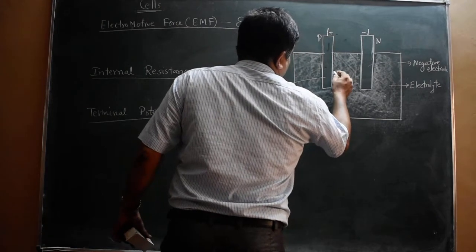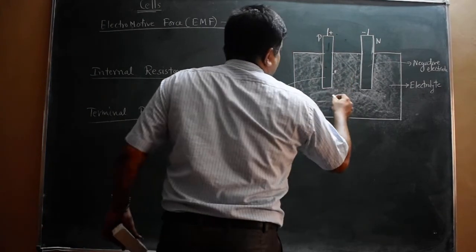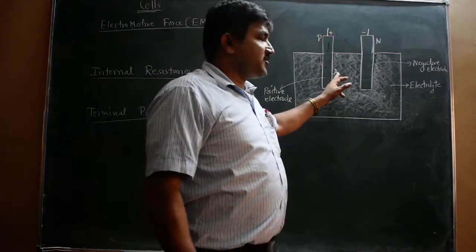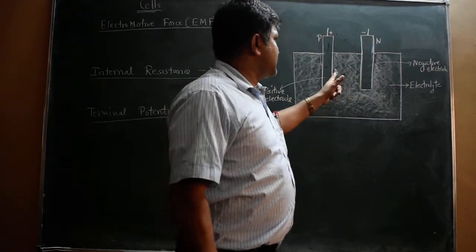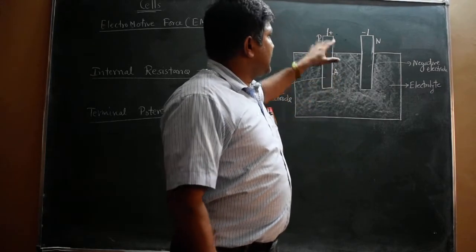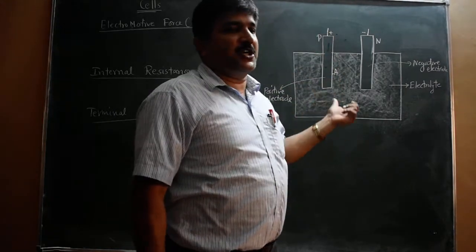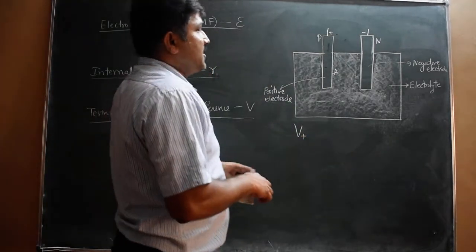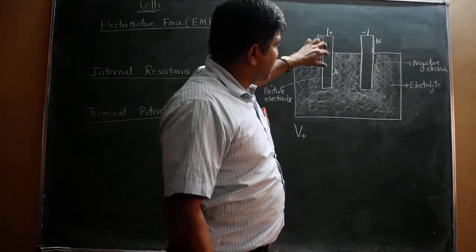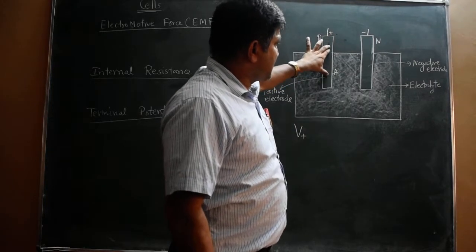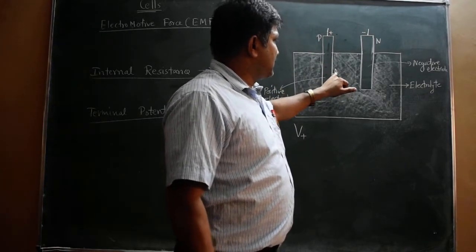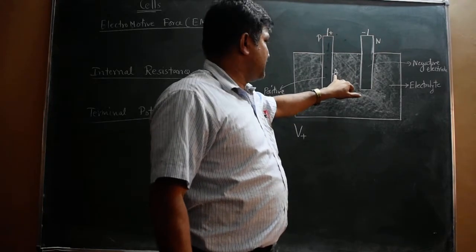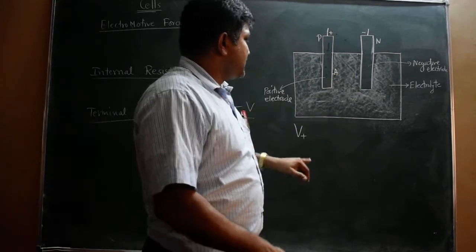If I take a point A very close to the electrode in the electrolytic solution, that point and the positive electrode will have a potential difference, which I will call V plus. V plus is the potential difference between the positive electrode and the immediate surrounding point in the electrolyte.